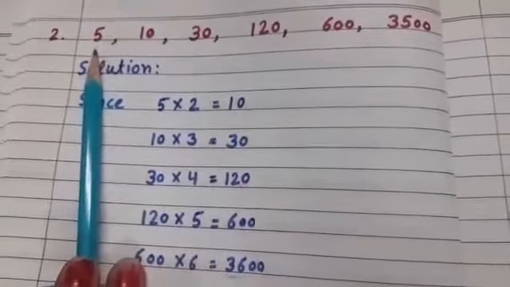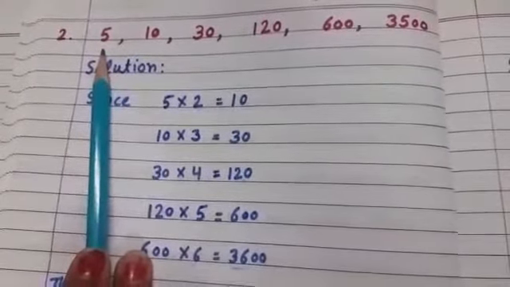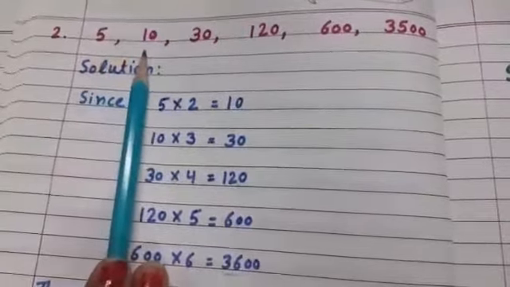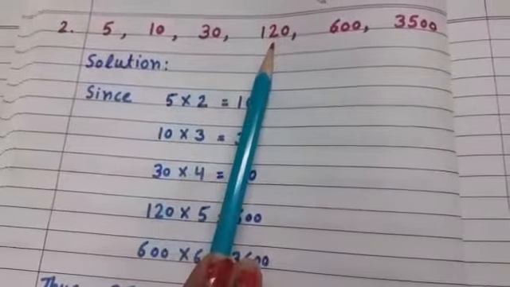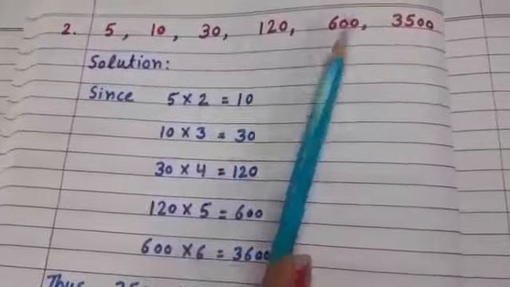Now, example number 2. In this example, numbers are 5, 10, 30, 120, 600, 3500.